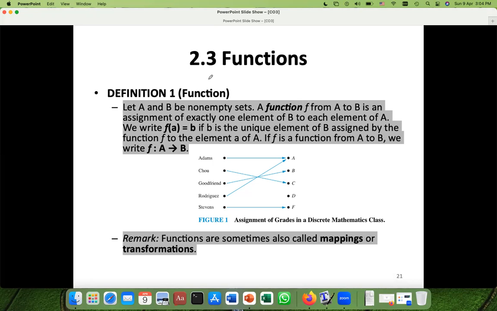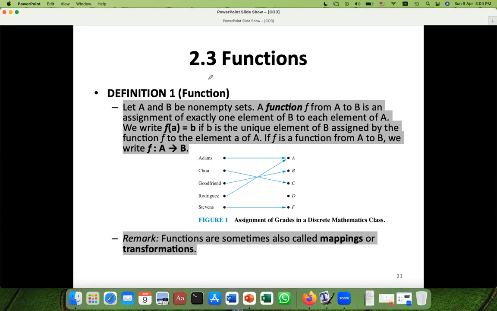For element number one, you have exactly one element from B. For element number two, you have one element from B. For element 3, you have some element from B. If this is the situation, that is called a function.